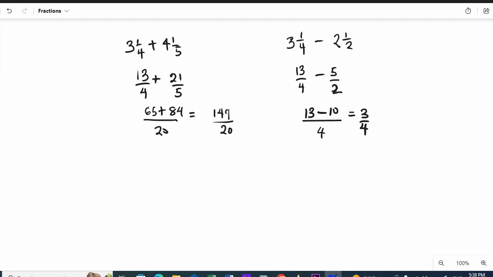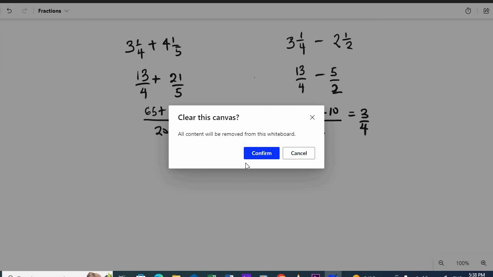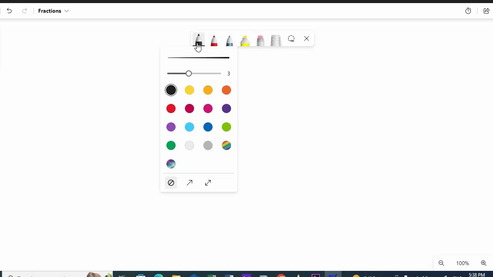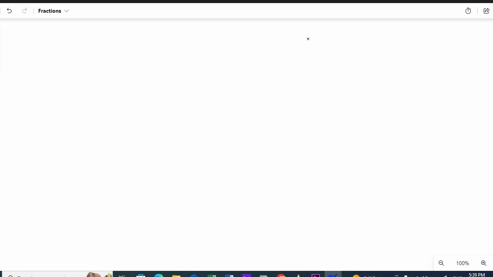Okay, so now we go right into the multiplication and division of fractions.